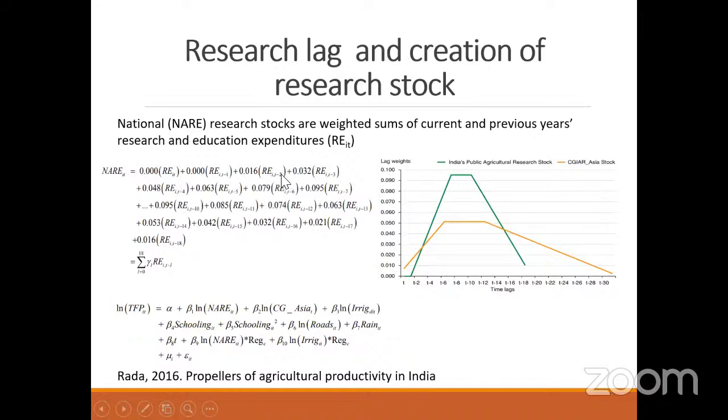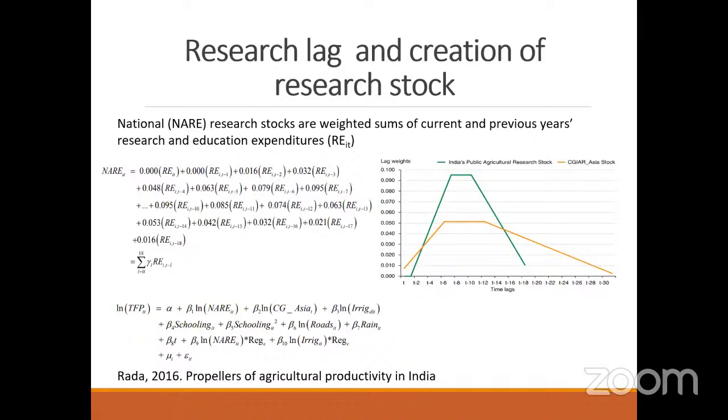Then for T minus 2 to T minus 10 year, the weight is increasing as the technology is moving to its peak adoption. Then it is declining from T minus 11 to T minus 18 year, as this is the period of decline in research impacts.